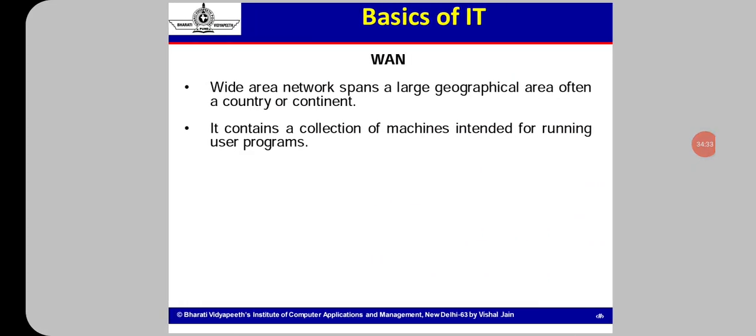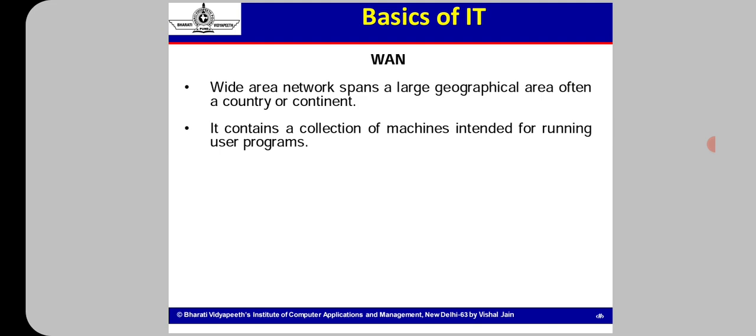The last and third type of network is WAN, a wide area network. A wide area network spans a large geographical area, often a country or a continent. It contains a collection of machines intended for running user programs.